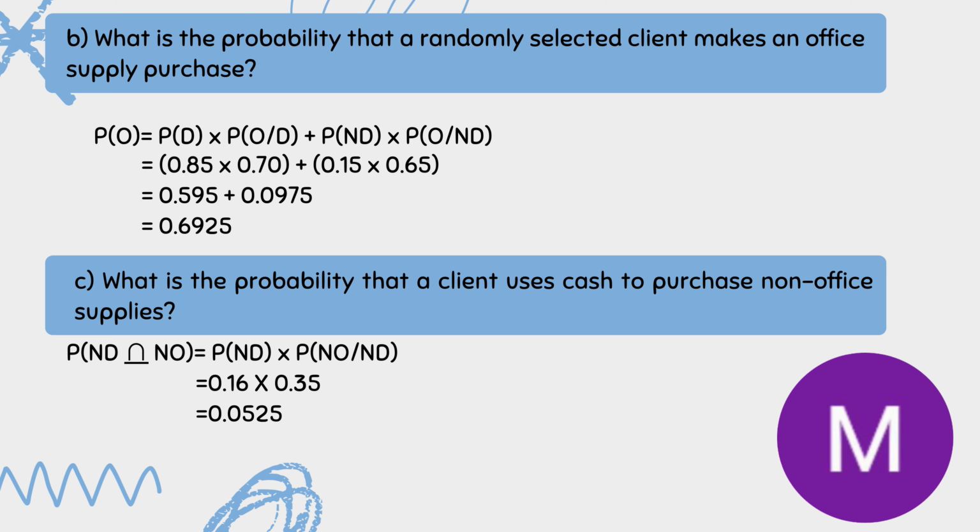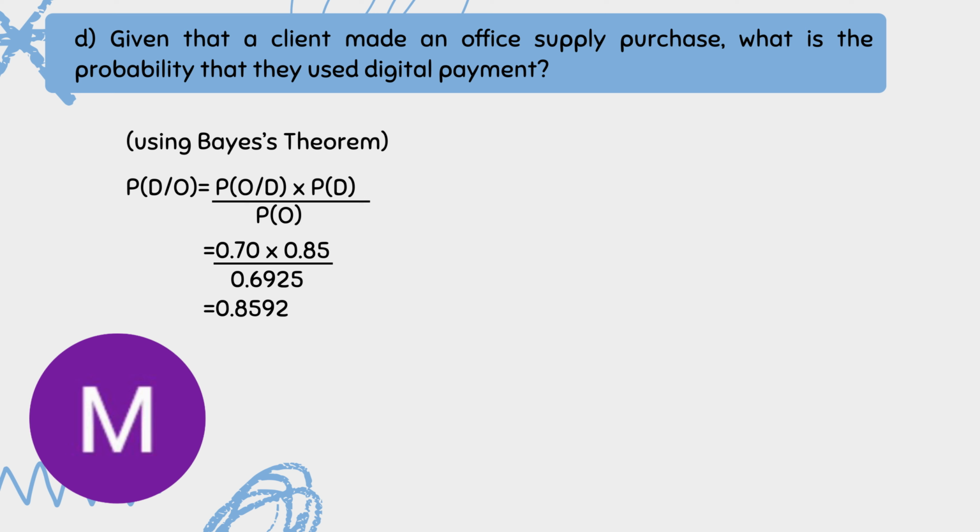We substitute all the values, so it becomes 0.15 times 0.35, which equals 0.0525, which means in percentage the probability is 5.25%.